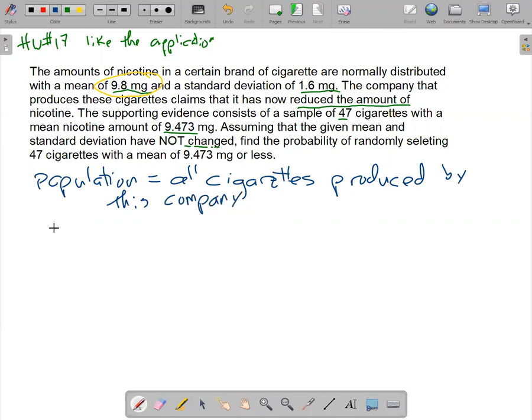What is the parameter of the population we're trying to identify? The parameter in this case is the mean amount of nicotine, so the average nicotine in cigarettes.